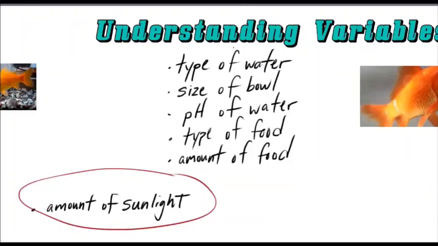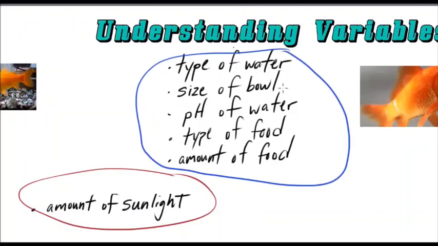All of the other variables in this experiment have to be held constant. They cannot change for the experiment, because you're trying to see the effect of just sunlight, not on these other variables. So this amount of sunlight is independent of the rest.